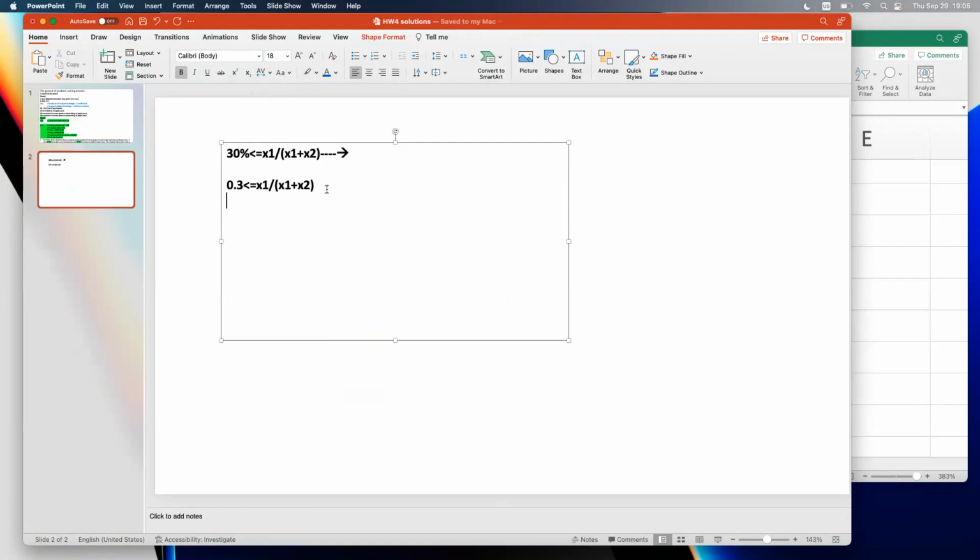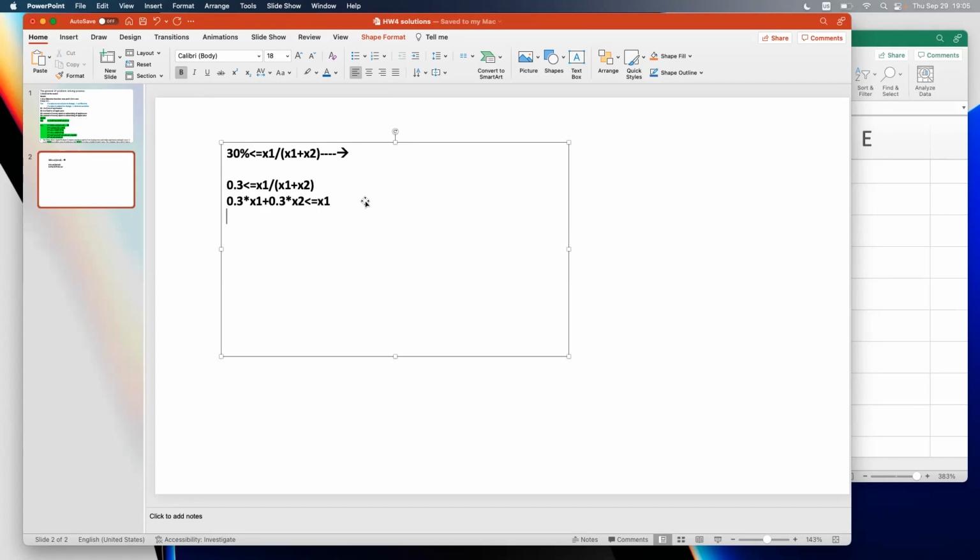If we multiply x1 plus x2 on both sides, we got 0.3 times x1 plus 0.3 times x2 should be less than or equal to x1.